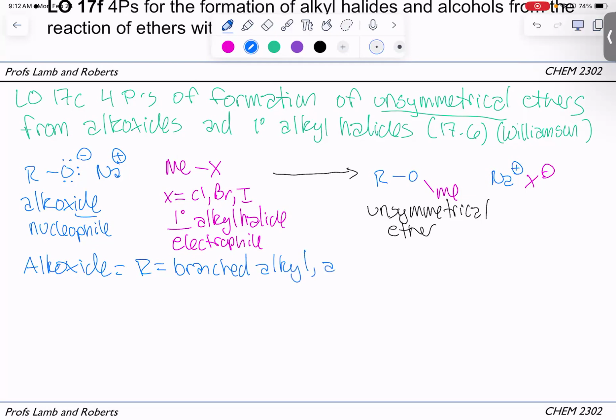It could be aryl groups. Be a lot of different things. This is the less important component to really be specific about. All right, we can have something, as we're going to see in this mechanism, we can have something that is going to be, for example, a tertiary alkoxide and have a tert-butyl group on there, for example.